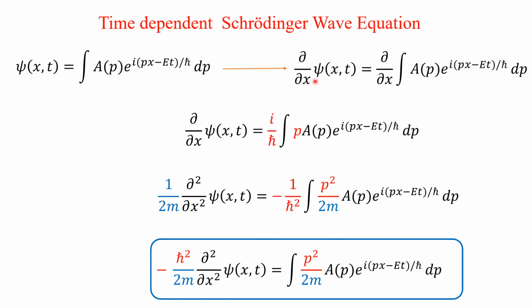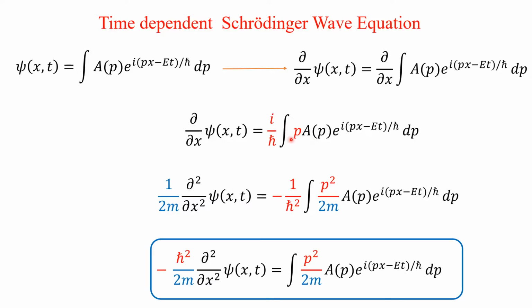Partial derivative with respect to x of psi of x and t is equal to this one. Now you are differentiating with respect to x. Remember that. So naturally you have i over h cross and you have p here, and the rest of the integrand will come over here.